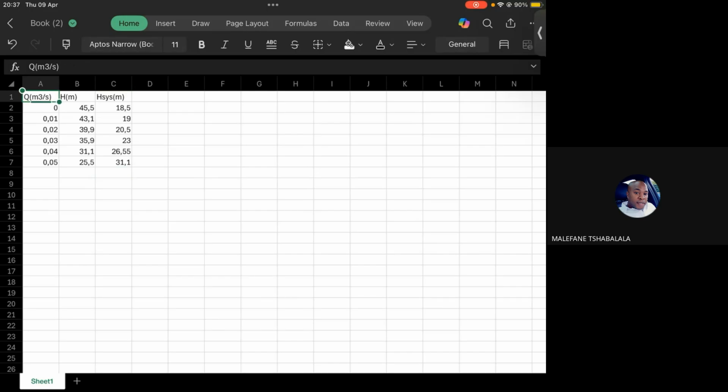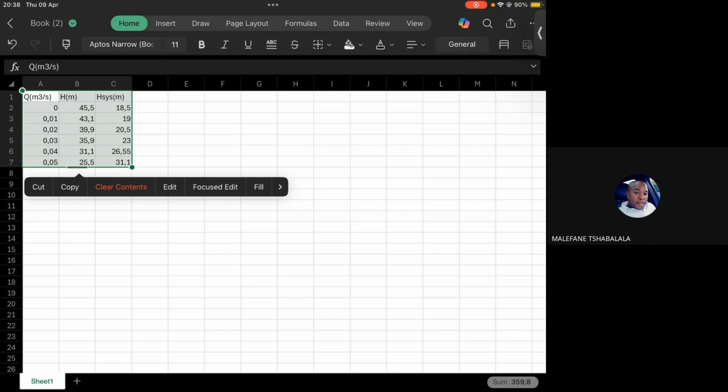Then, if you're using a mouse, press and hold the bottom right corner of cell A1 and drag it all the way to cell C7, the last bottom cell towards your right-hand side.